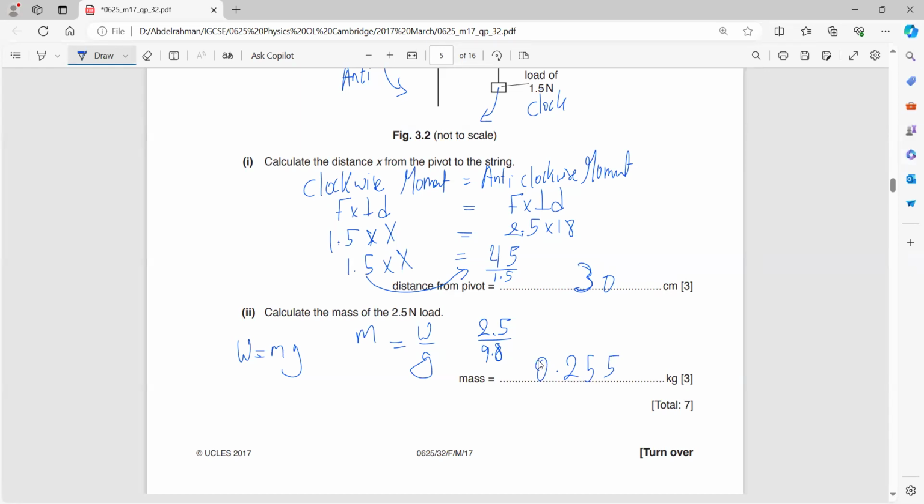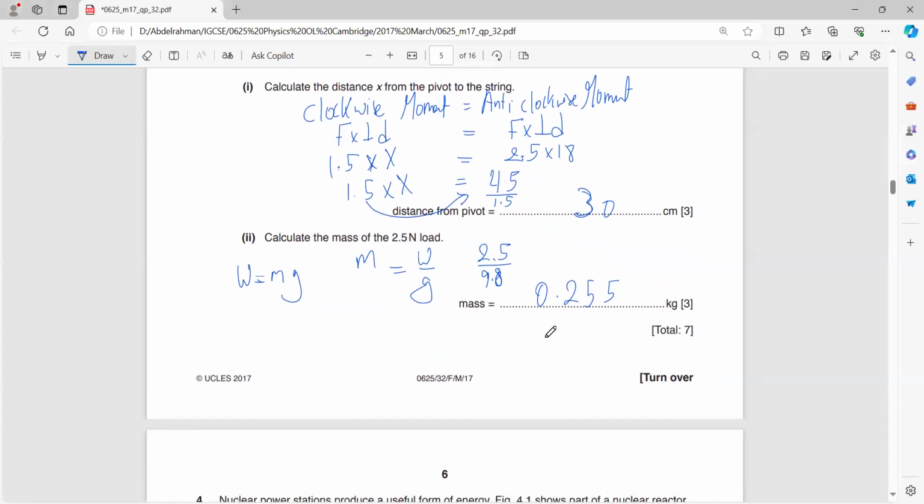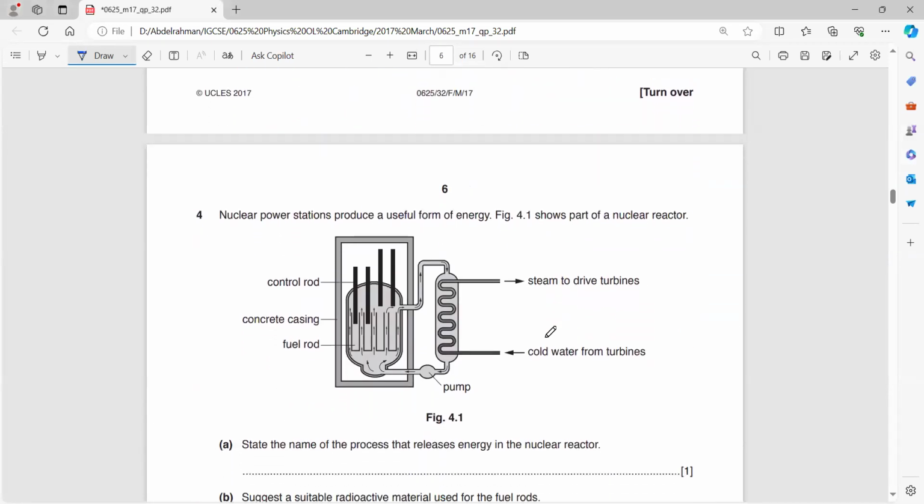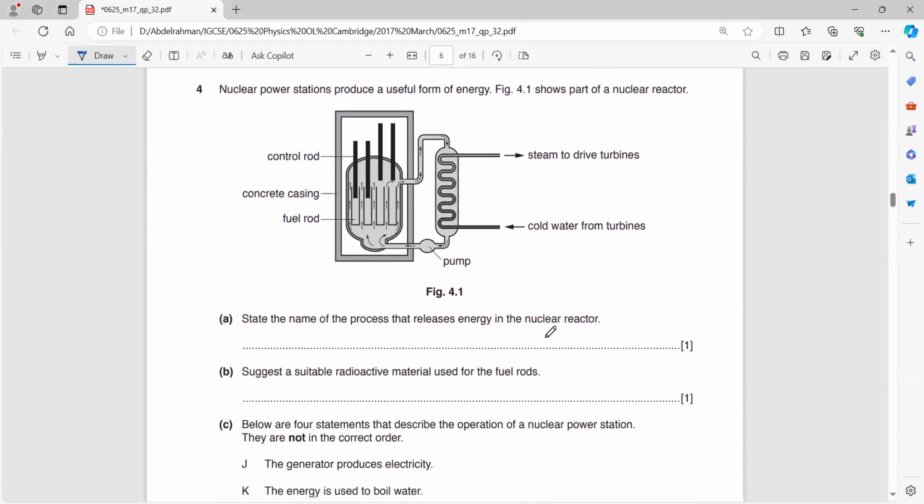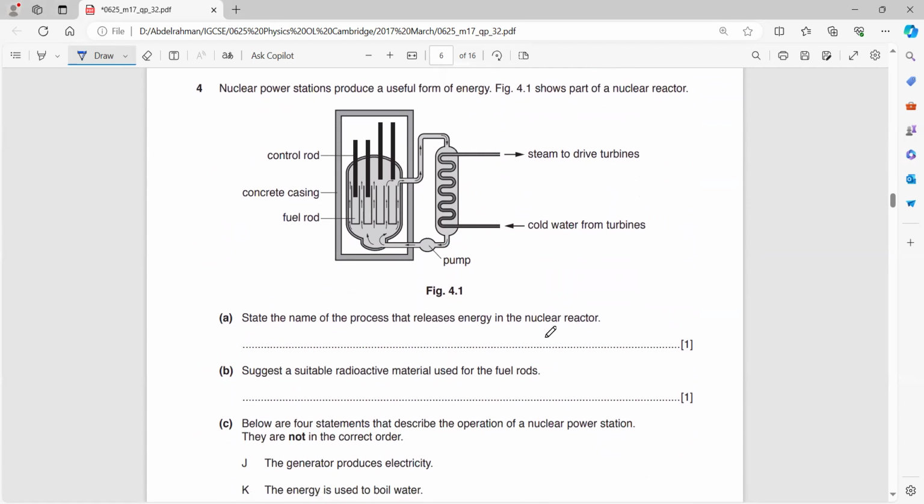We're using 9.8, guys. Even though this is an old exam, we will use 9.8 to make sure that we memorize it. We can round to 0.26, it wouldn't be wrong. Any questions? If you have any questions, don't hesitate to ask.